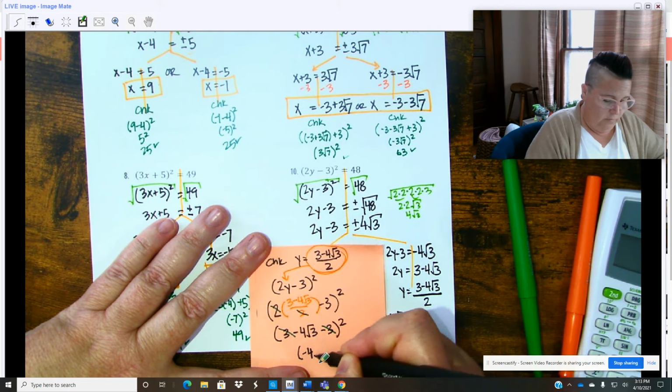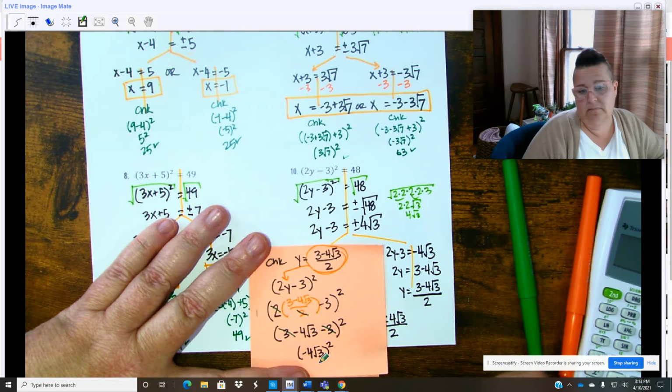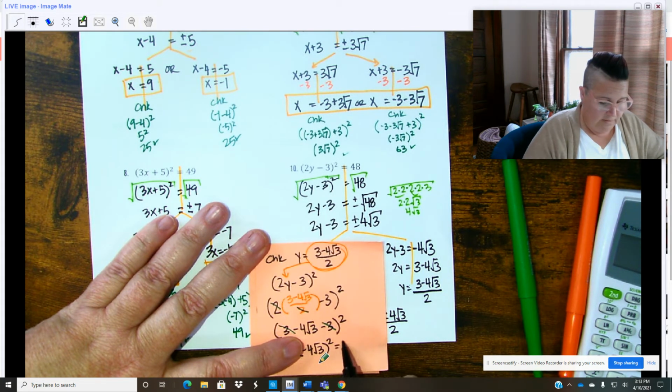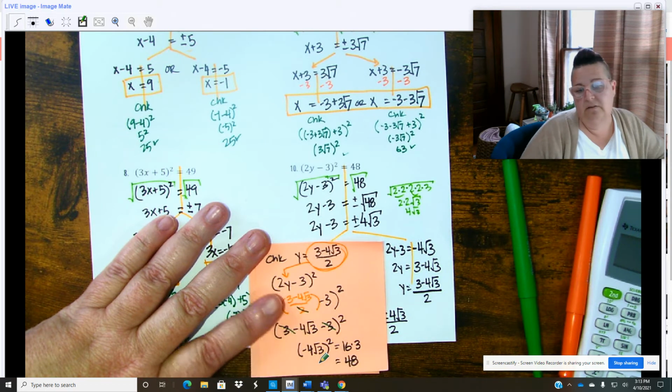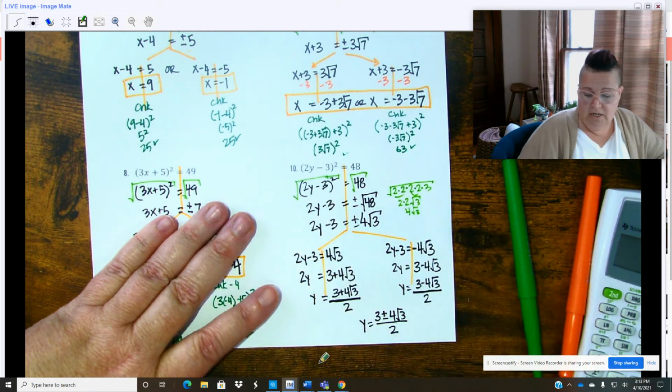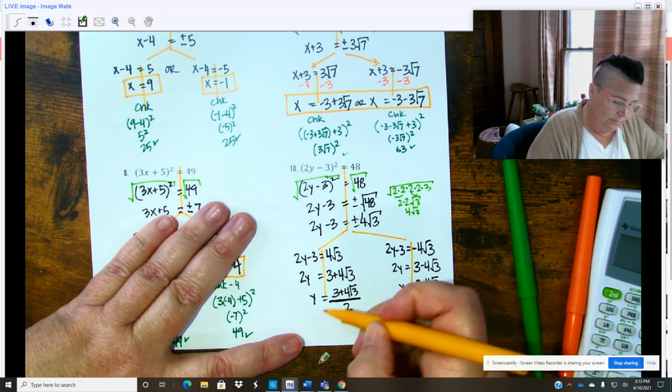And we have a negative 4 square root of 3 squared. So I need to square a negative 4. That's 16 times the square root of 3 squared, which is 3. 16 times 3 is 48. So this also checks. I have checked both of the solutions.